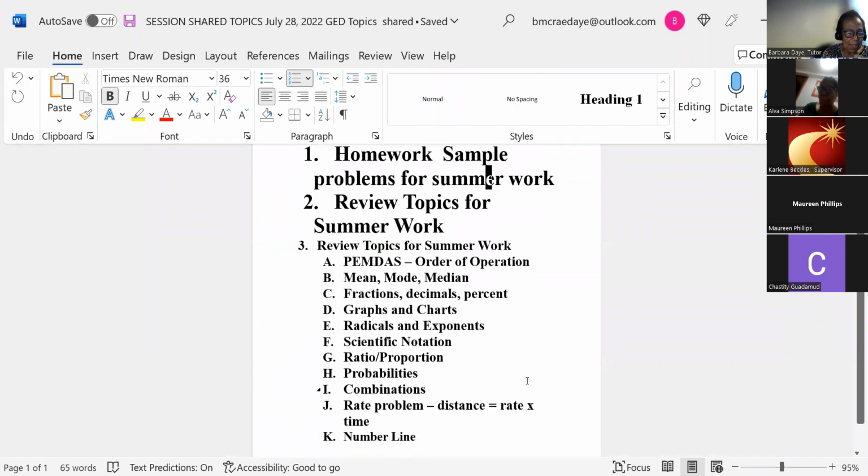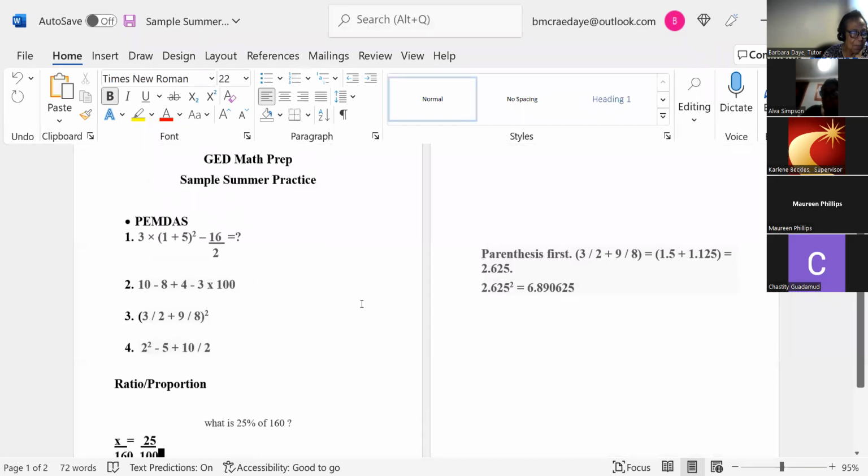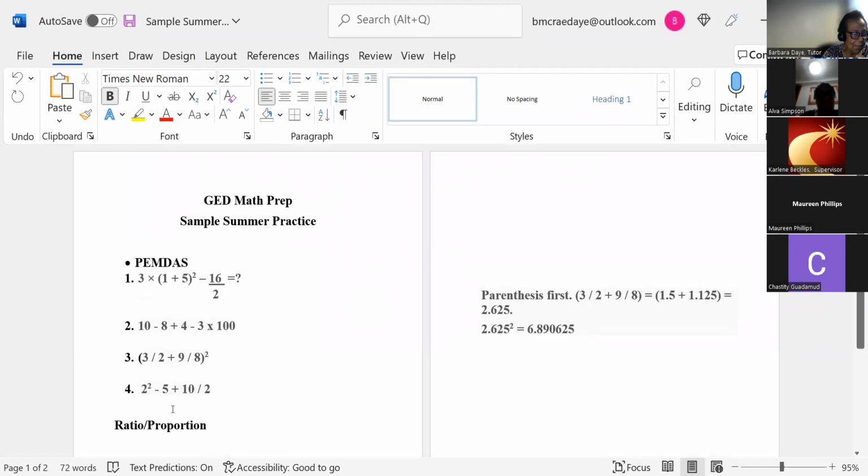It will have PEMDAS, order of operations, mean, mode, median. But I want to go through PEMDAS and see if it's something you want to go through. Let me see. Here we go. Here's the PEMDAS. All right. Order of operations.